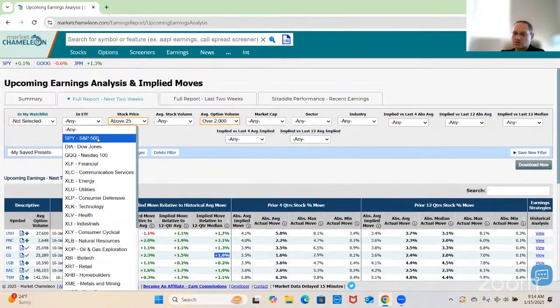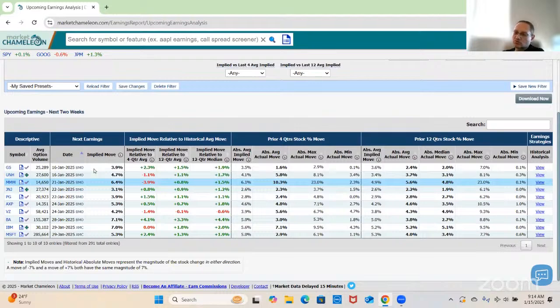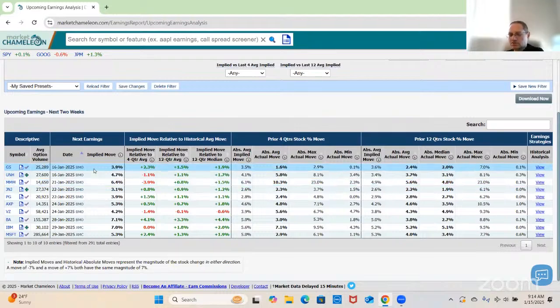It could be, let's say, S&P 500 companies, or Dow Jones companies. We could filter them down and look for something that would interest us. You could filter down to the sector, and that will allow you to go and analyze these stocks further. So now we just have more narrowed down candidates for potential earnings opportunities.